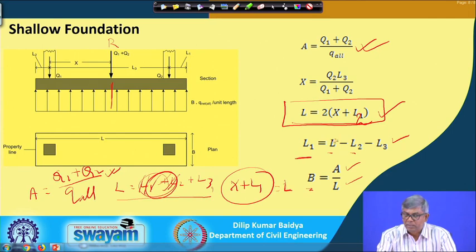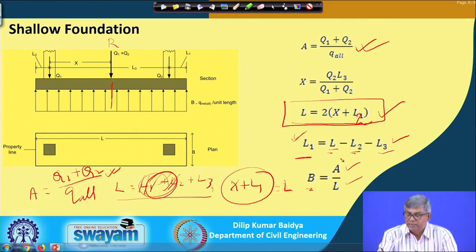So, if this is twice x plus L2, then L1 will be L minus L2 minus L3, because total length is L, and if I subtract L3 and L2 from L, then it becomes L1.